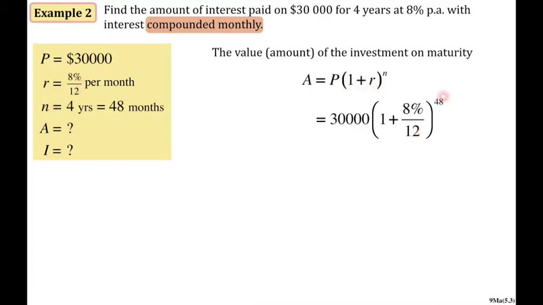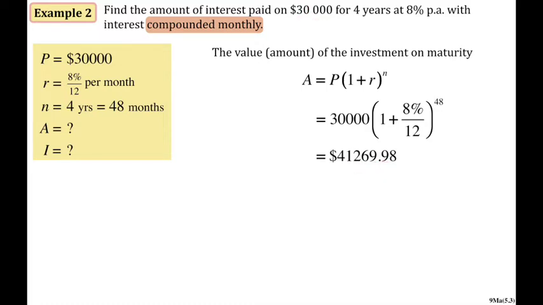N is 48 because everything has been converted into months because it was compounded monthly. Put it into your calculator, and it tells us that after 4 years or 48 months, our full amount in the bank is $41,269.98. We started with 30,000. We've now got over 41,000.